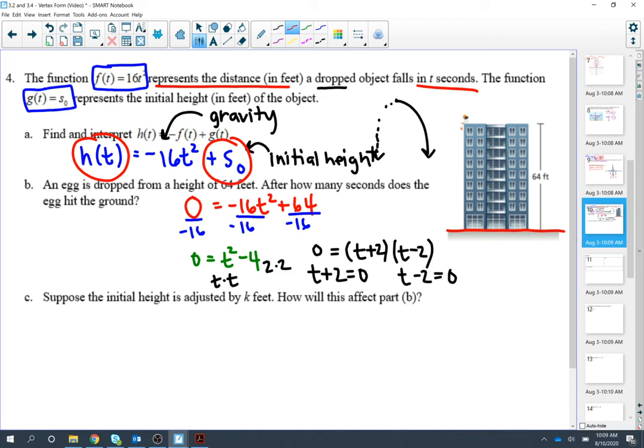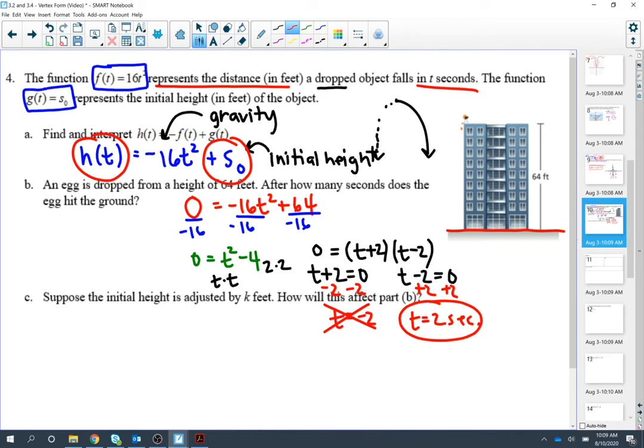Then subtract 2 from the first one, so t equals negative 2. Add 2 to the second one, so t equals 2. Now keep in mind, you're trying to figure out after how many seconds this thing is going to hit the ground. Well, we're not going with negative seconds. We're not going back in time for an egg to hit the ground. So after 2 seconds, the egg will hit the ground.